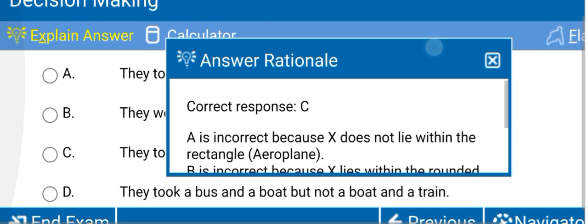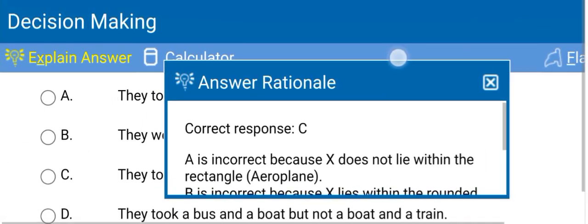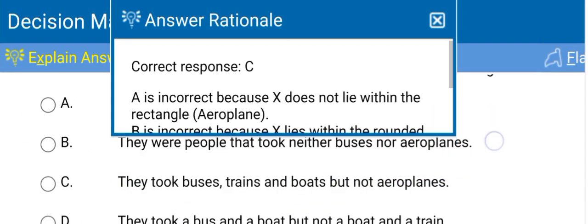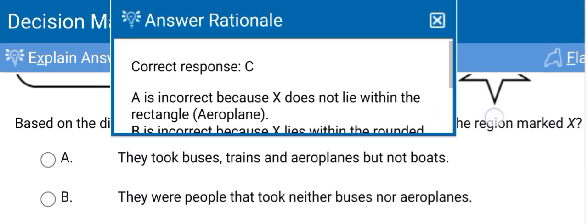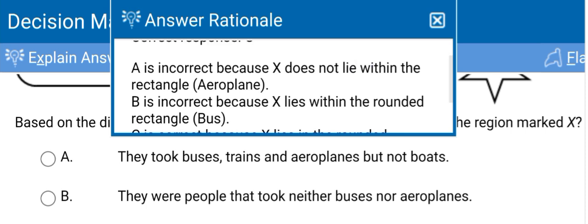So here we have option C is the correct option, but option A is incorrect because X does not lie within the rectangle, that is aeroplane, and B is incorrect because X lies within the rounded rectangle, that is bus.